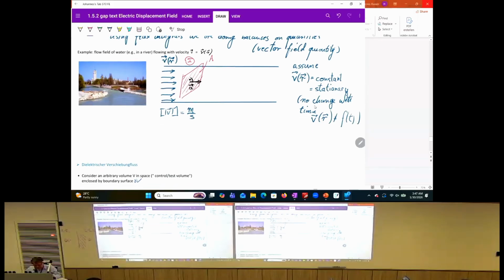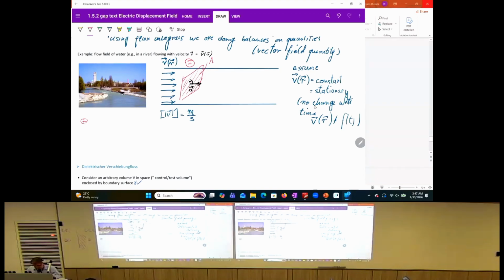And in the first scenario, which I've depicted, this surface A is perpendicular to the orientation of the vectors in this vector field.